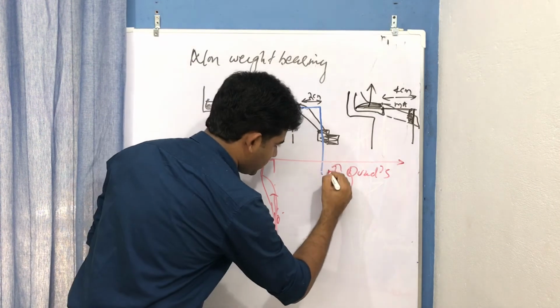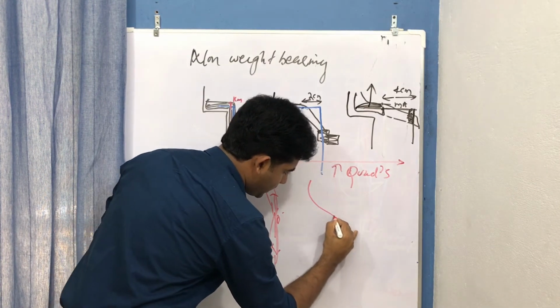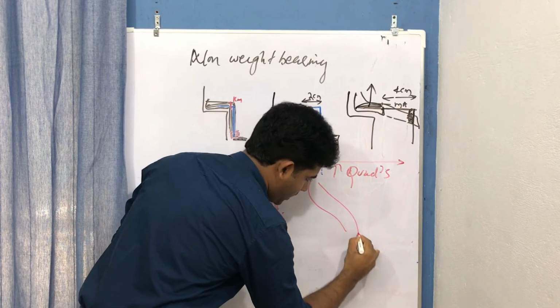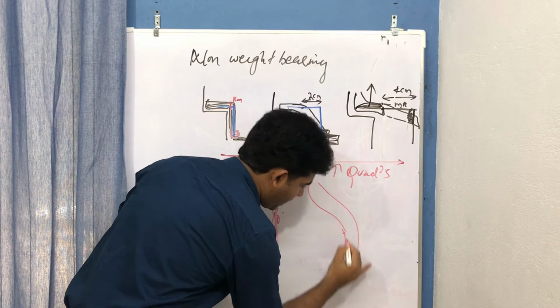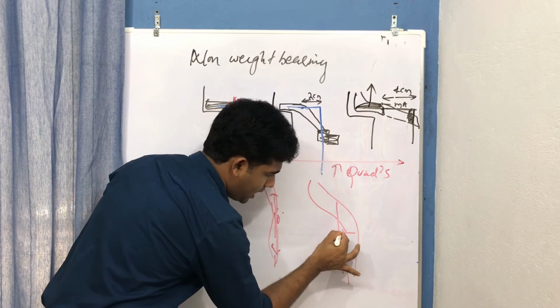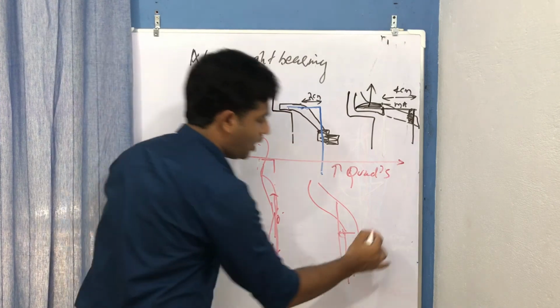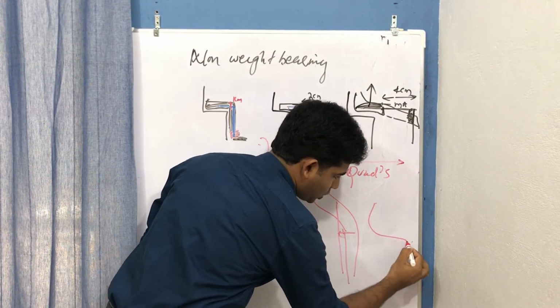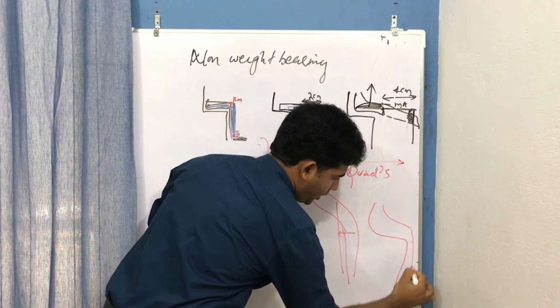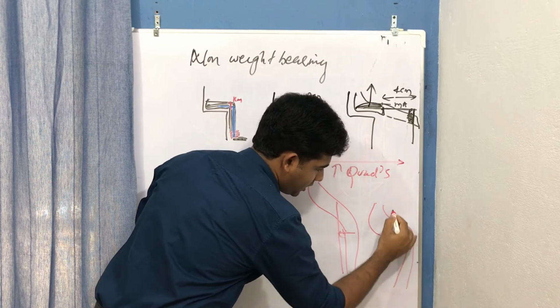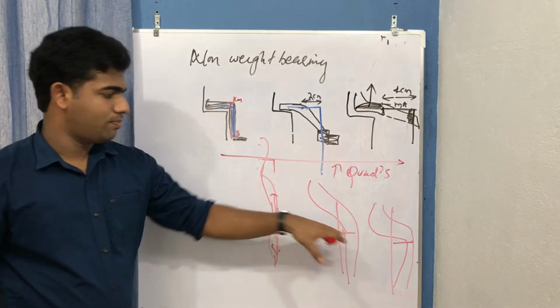Now, what happens when that person goes for a slight degree of flexion? The gravitational extension moment goes back. And what happens if he goes for a complete squat? When he goes for a complete squat, the gravitational extension moment reaches the maximum.